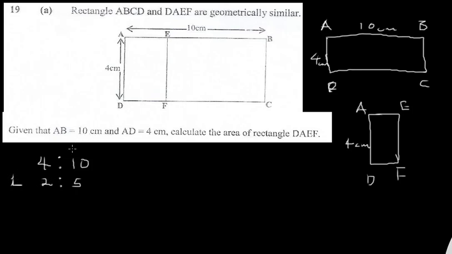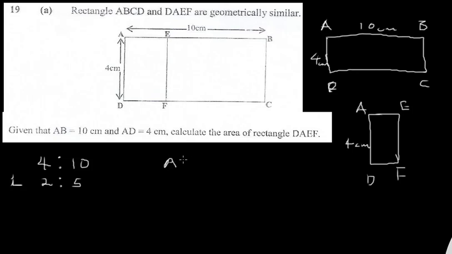But we're not so concerned or interested in the length, but what we're interested in is the area, right? And to find the area of this smaller rectangle, we first need to find the area of the larger rectangle. So how do you find the area of a rectangle?